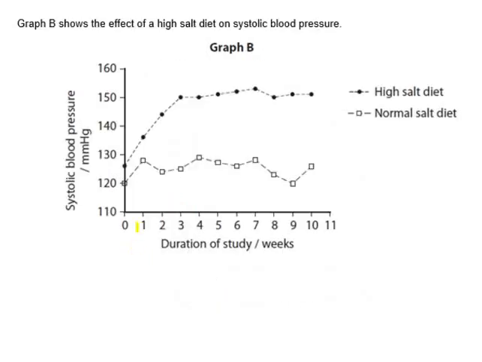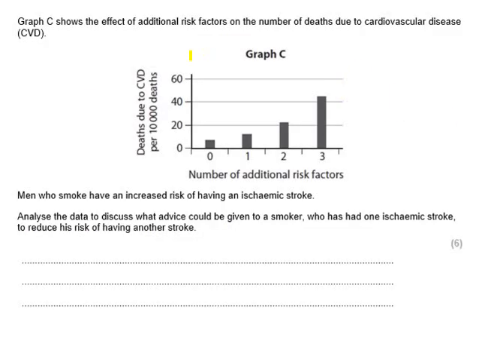The second graph we get is showing us blood pressure again, but how it differs depending on whether you have a high salt diet or a normal salt diet. And the third graph shows us the effect of additional risk factors on the number of deaths due to cardiovascular disease.